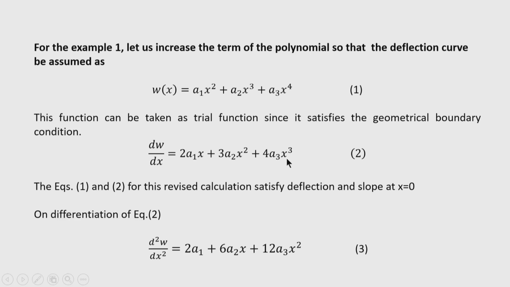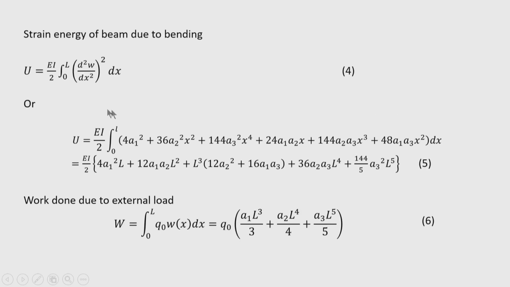Again, if we put x is equal to 0, we get slope equal to 0. So, both deflection and slope boundary conditions are satisfied at the fixed end. So, this is an admissible function for the deflection.